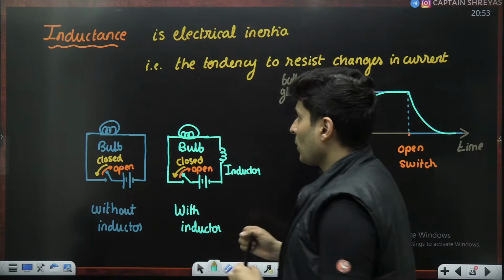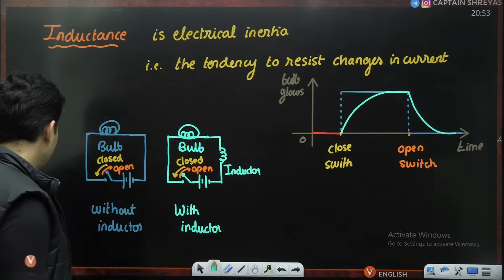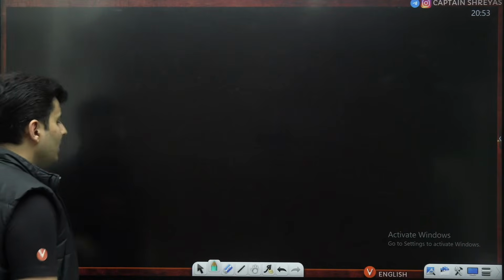All right? Okay. So now that you understand electrical inertia, resistance to changes, there are two types of inductive properties which can come.